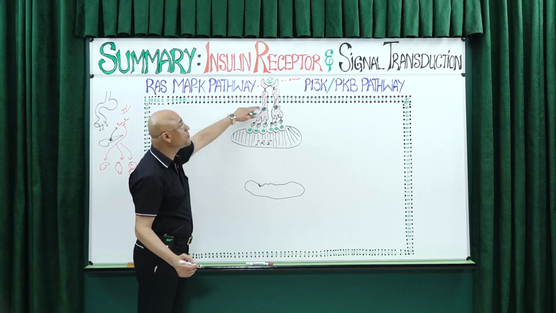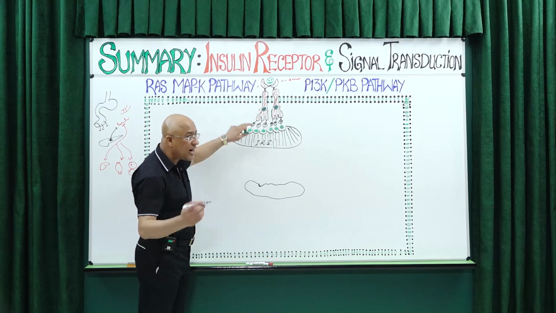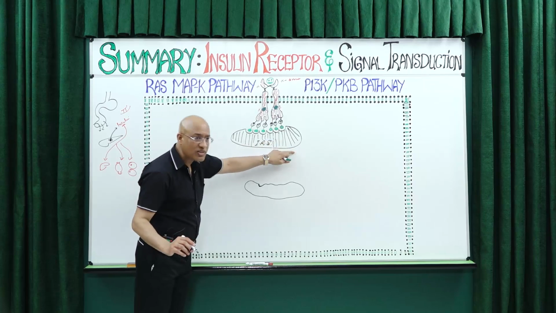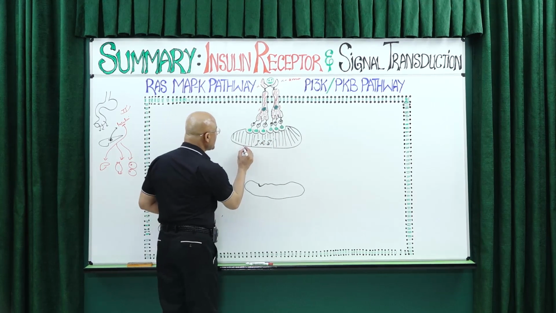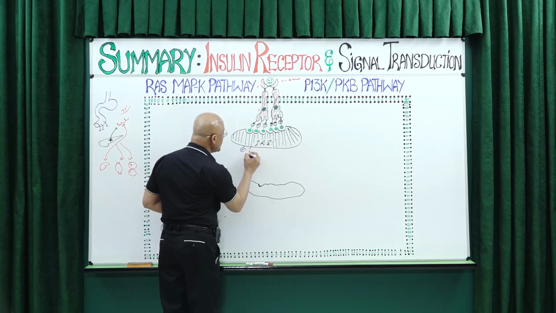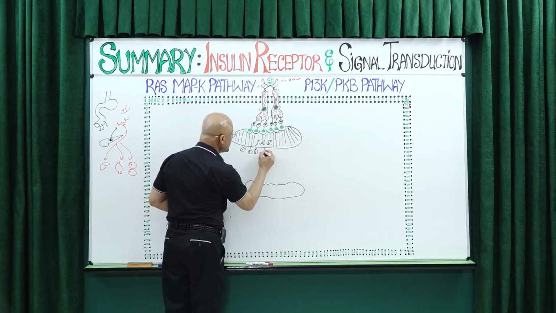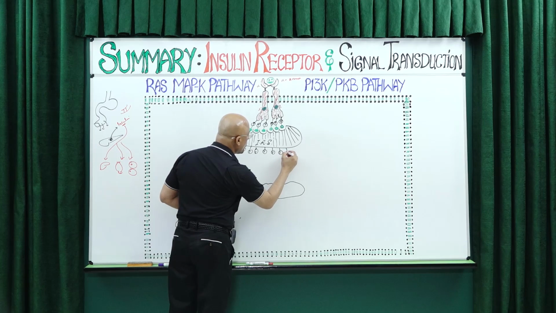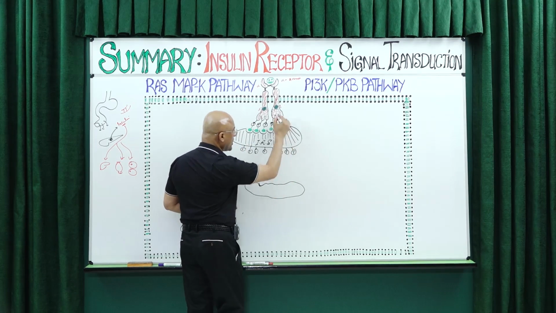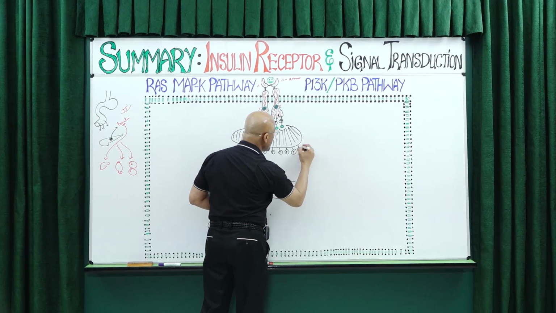First this enzyme autophosphorylated the tyrosine residues on its own beta units and then attracted what? IRS, and then it will start phosphorylating tyrosine residues of the IRS. It means IRS also has tyrosine residues, and what is this enzyme? Tyrosine kinase.